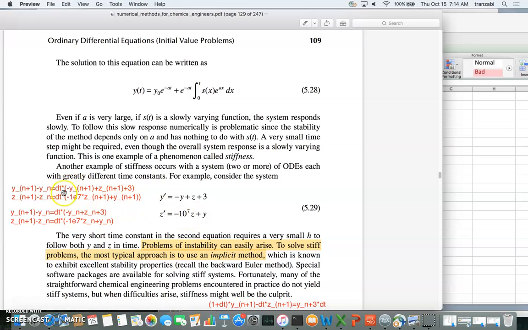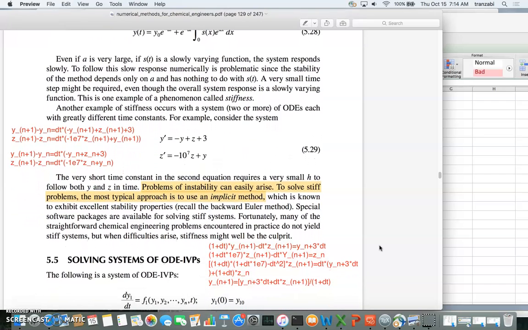Well, we have two equations, two unknowns: y_{n+1} here, here, and z_{n+1} here, here, here. So these are coupled linear equations, and the unknowns are z_{n+1} and y_{n+1}. You can solve two equations, two unknowns from your calculus and linear algebra. You know how to do this, right? So what we're going to do is bring all the unknowns to one side and all the knowns to the other side, and that's what we get.